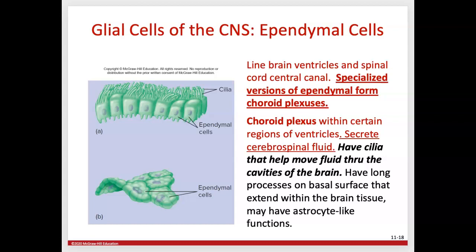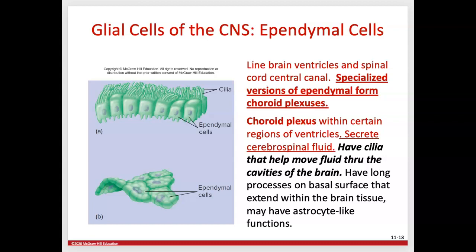Ependymal cells line the brain ventricles and spinal cord central canal. The specialized ependymal cells with cilia help to form, or are part of, the choroid plexus that is found in the ventricles.